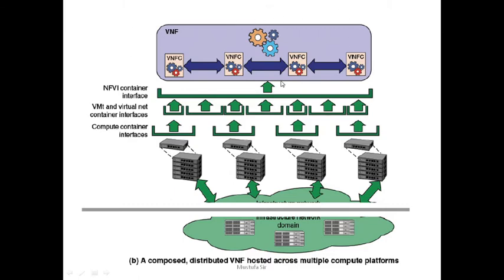It can happen because if the functionalities work together, it's a single process. So the VNF is hosted across multiple compute platforms. For that particular VNF we want 4 components, and those 4 components are distributed on different platforms. This composes a distributed VNF hosted across multiple compute platforms.